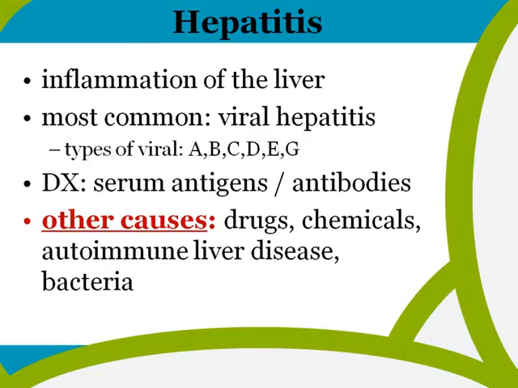So when we make antibodies, it's our immune system's way of protecting ourselves. So if somebody has antibodies against hepatitis A, that would mean they have been exposed, but they may not be acutely ill. So in general, we're looking to see are there antigens and or antibodies present with the viral hepatitis.